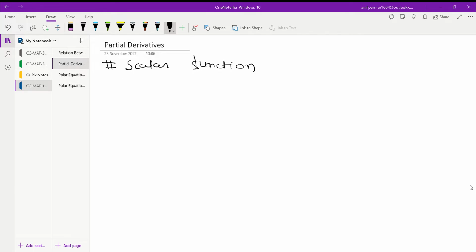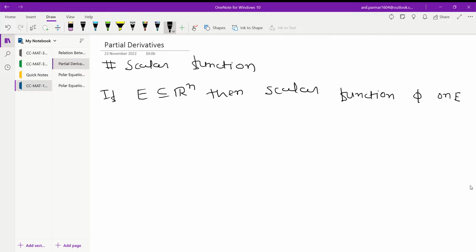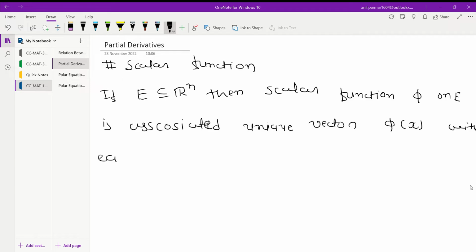The scalar function is nothing but, suppose E is a subset of Rn, then a scalar function phi defined on a set E is associated with a unique vector phi of x for each x belongs to E. એટલે કે E ના દરેક પોઈન્ટ માટે ડિફાઇન થતો હોવો જોઈએ તો એને કહેવાય સ્કેલર ફંક્શન.